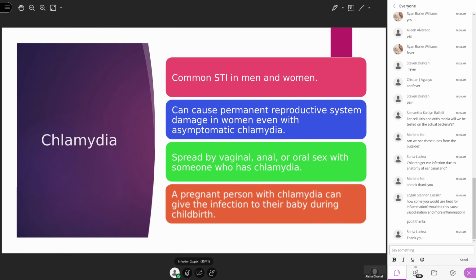So let's talk about what chlamydia is. It is an STI, and the main reason it can be dangerous is that sometimes it can be asymptomatic and still cause permanent reproductive system damage in women, right?